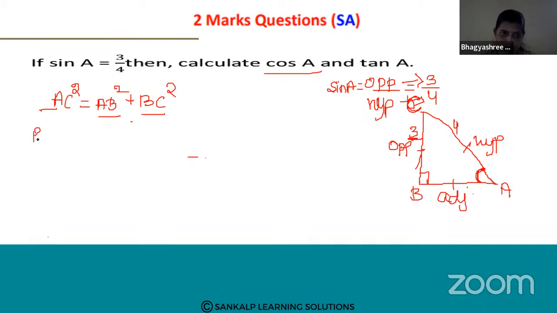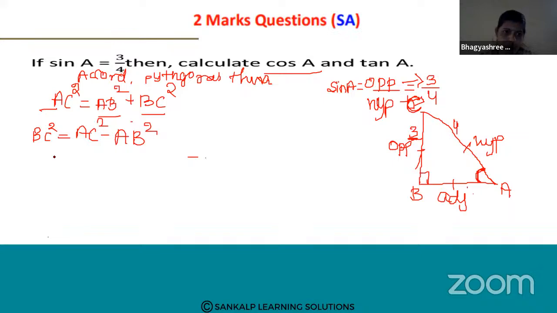For that, according to Pythagoras theorem, AB square we don't know. Transfer this BC square to this side: AC square minus BC square.